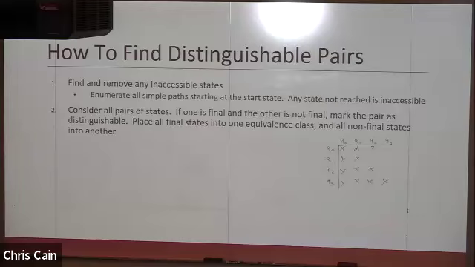We don't have evidence yet that they are distinguishable. So that is how we're going to set up the problem. We're going to immediately mark pairs of states with different finality as distinguishable. Anything with the same finality, we don't have evidence yet. And the goal will be to gather all of the necessary evidence that we need to mark everything that could be distinguishable as distinguishable. And I will show you exactly how to do that tomorrow.